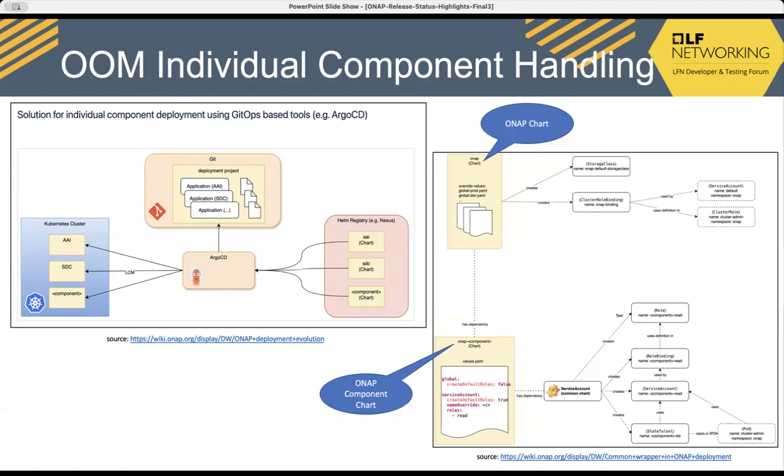So this is how ONAP OOM handles components individually. Basically, they build individually through the CI, and in the Deutsche Telekom case, they are using Argo CD for deployment. ONAP used to be a big, gigantic platform, but not any longer.